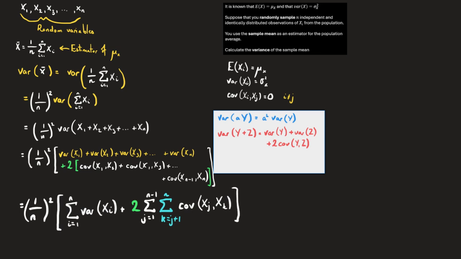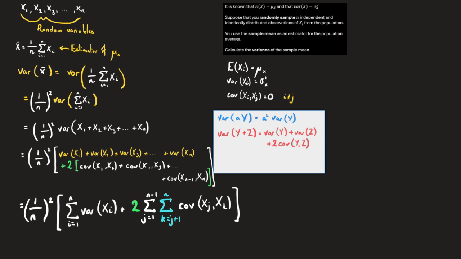And what this is representing is all of the possible pairs of covariance terms. So that will include the covariance between x1 and x2, the covariance between x1 and x3, the covariance between x2 and x3, and so on. So this includes all of the possible pairs of covariances.